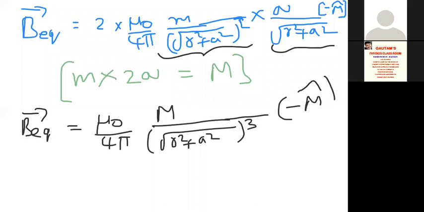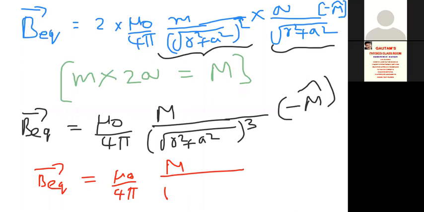So finally, B equatorial bar is equal to minus mu naught by 4 pi, capital M by r square plus a square whole power 3 by 2. Square root is there, so I can write it as 1 by 2.